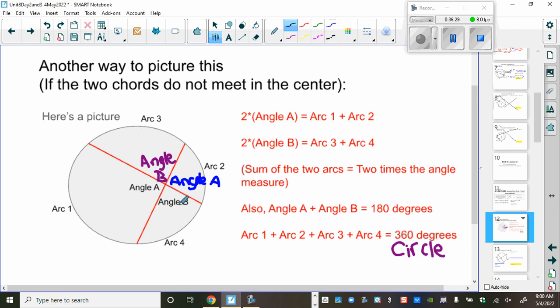That's really what's going on here. If the two lines don't meet at the center, you have to take the average of the two arcs that are formed from the two opposite arcs. Take the average to get your angle. So basically, that's what's happening here.